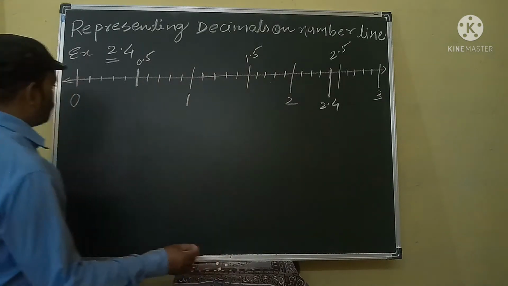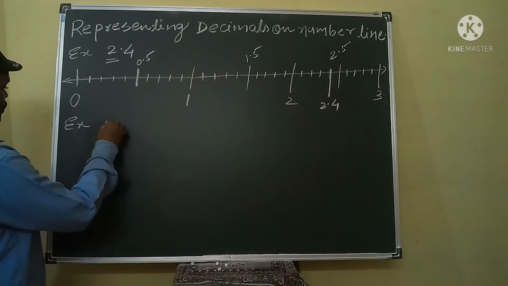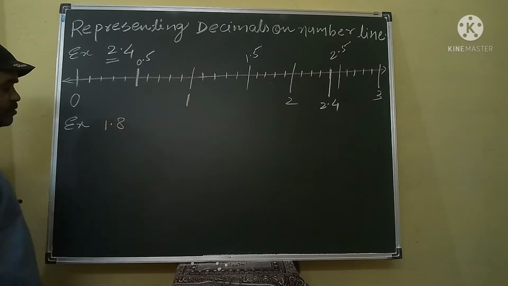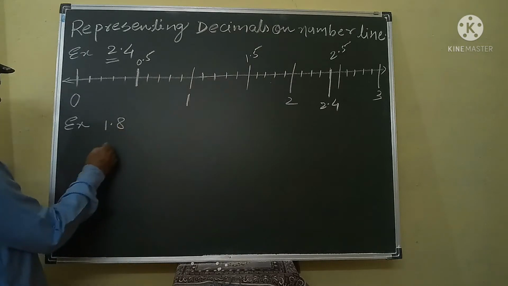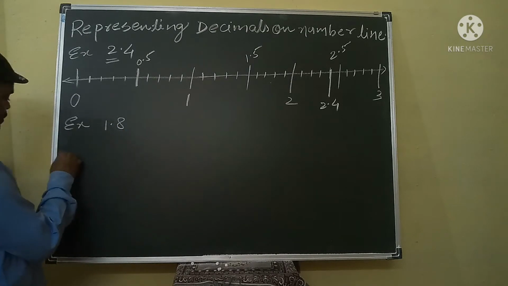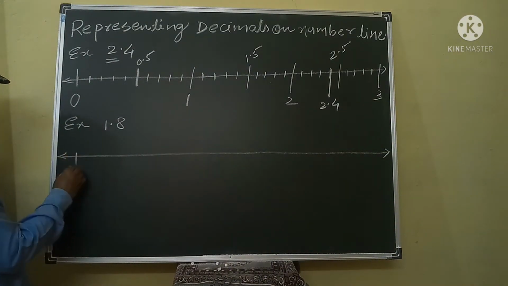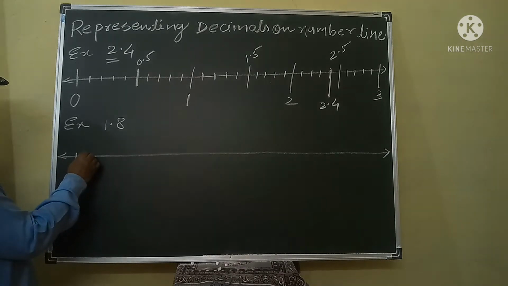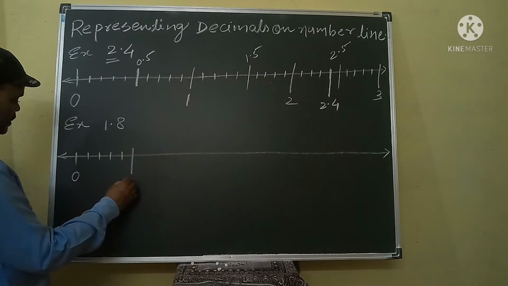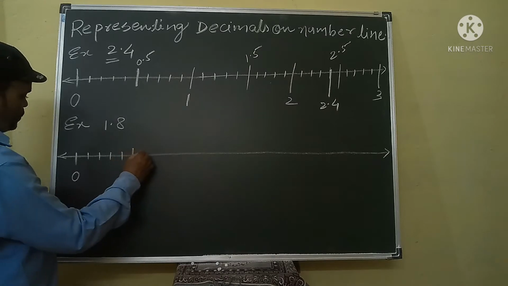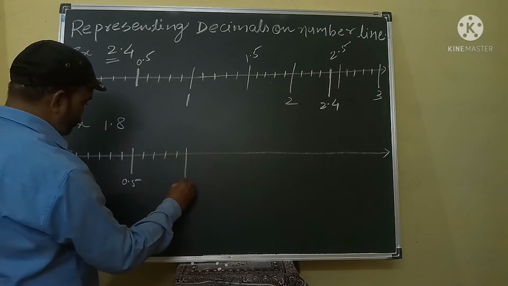My dear student, suppose you have one more question. Suppose you want to represent 1.8. How can you represent 1.8 on number line? First, we will make one number line. Then after this is 0, 0.1, 0.2, 0.3, 0.4, this is 0.5, 0.6, 0.7, 0.8, 0.9, and this is 1.